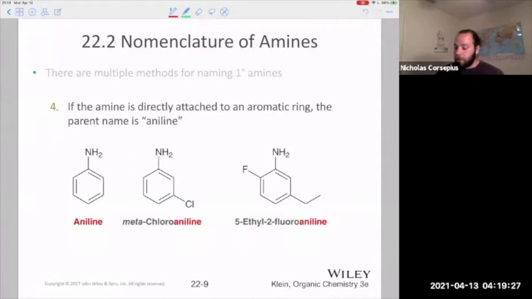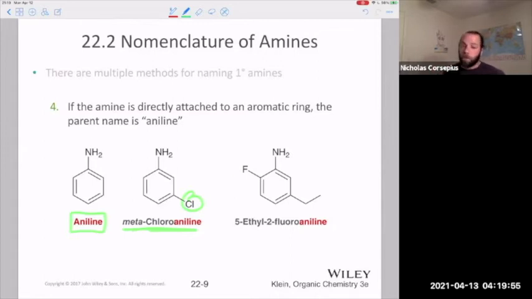Remember that when we're talking about benzene derivatives, when there's an amine group on benzene, that has its own special name, aniline, and we treat that as if it was a parent chain. So when there's another substituent on there, that becomes meta-chloroaniline. Remember, you can only use the ortho, meta, para designations when there's two substituents.